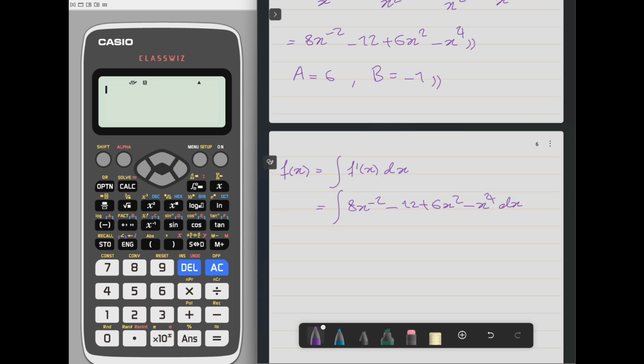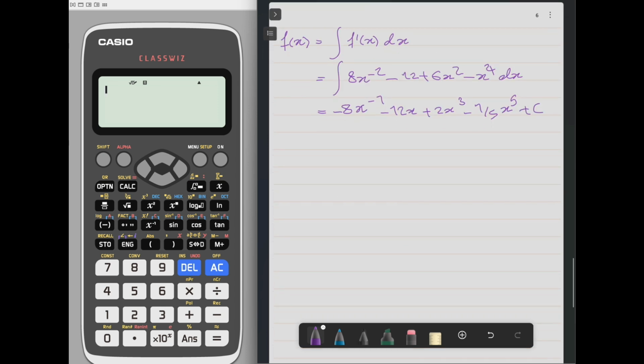Add 1 to the power, divide by that power. This is going to be minus 8x to the power of minus 1 minus 12x plus 2x cubed minus 1 over 5 x to the power of 5 plus c.